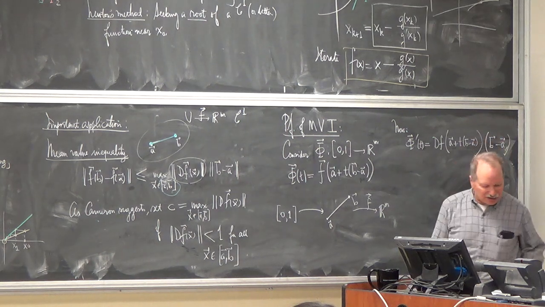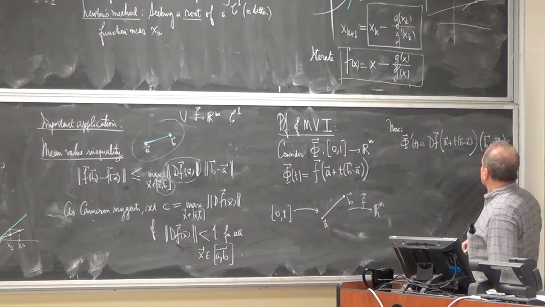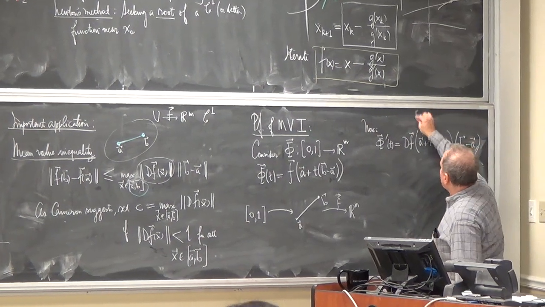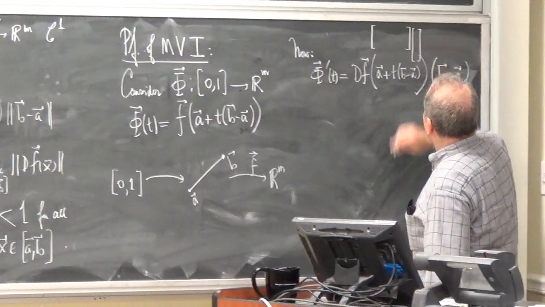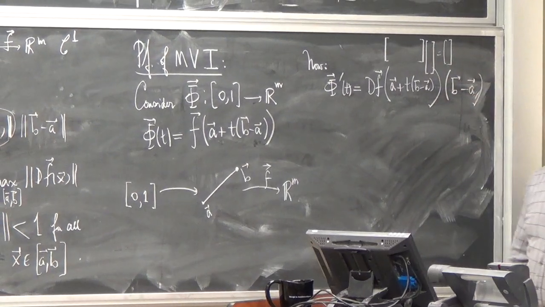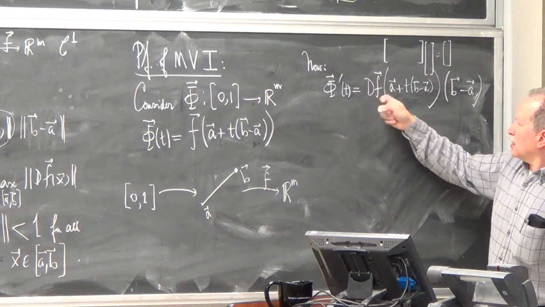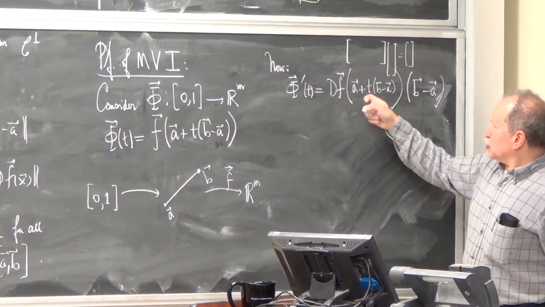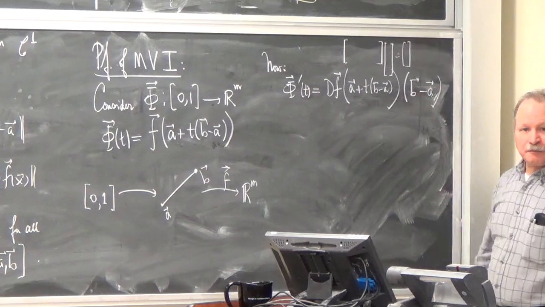I don't differentiate with respect to t. So I'm taking df at whatever point, multiplying by the direction vector b minus a, and that gives me a vector in Rm, which, if you like, means I'm taking the directional derivative of each component function of f in the direction of that vector, component by component.